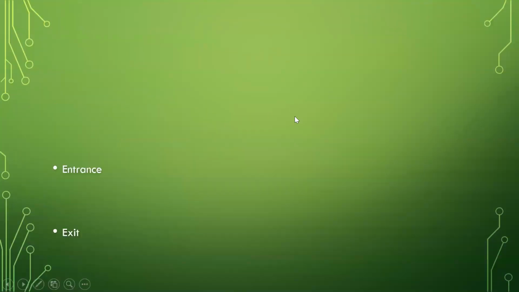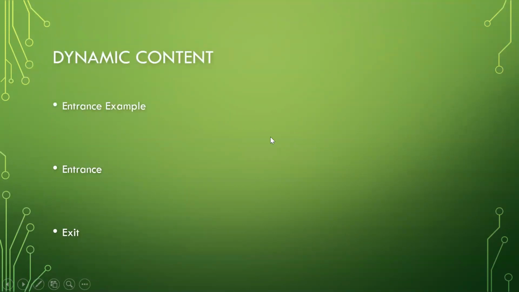The dynamic content entrance comes from bottom to top. This one is emphasis, so it grows big and again contracts. And the last one is float out; it automatically disappears after some time.